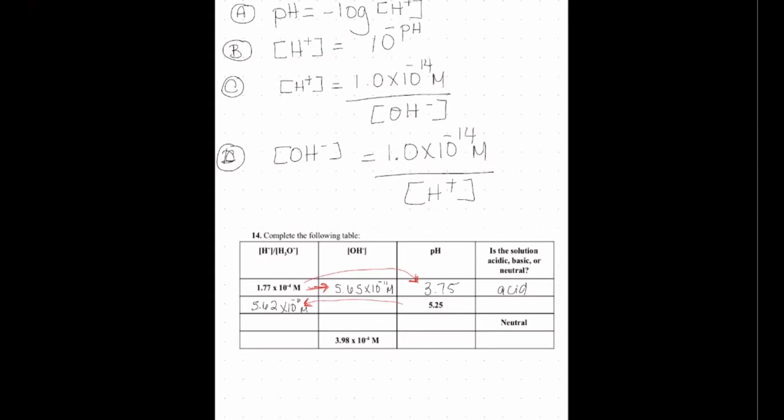And now that we have H plus, we can find OH. Which equation? If you have H plus, you're going to plug it into the right side of the equation. Excellent, we do letter D. So we do 1.0 times 10 to the negative 14 divided by 5.62 times 10 to the negative 6.